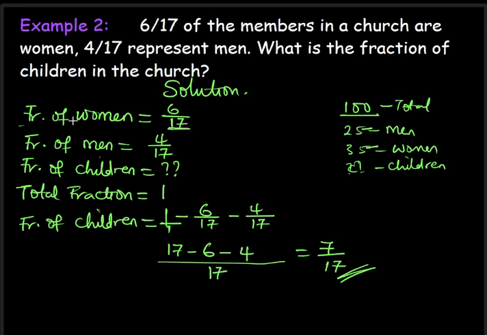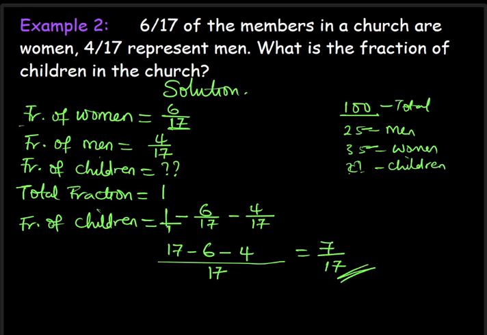So it must come as fraction of women. If it is a number, you will say number of women. If we just write women equals to this, that women will assume that it is a number. So if it is a fraction, you must say fraction of women. If it is a number, you say number of women. The beauty of word problems is that you are able to interpret the word problems carefully into mathematics. That's what makes word problems beautiful.